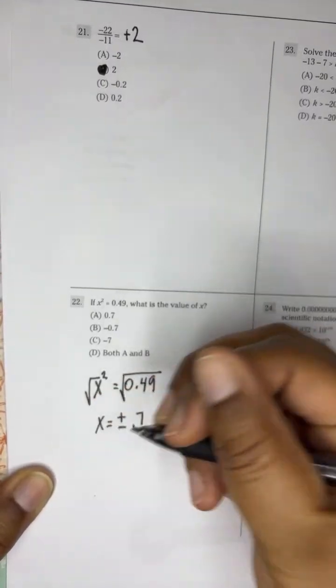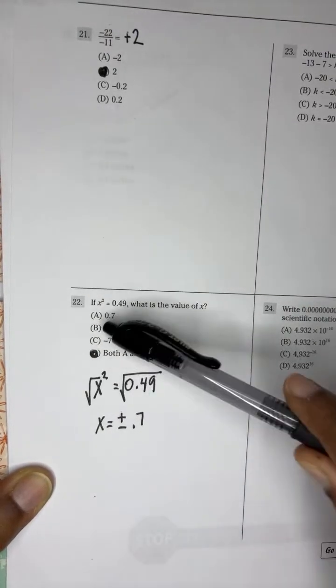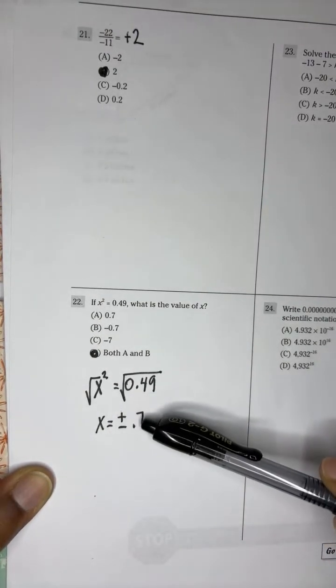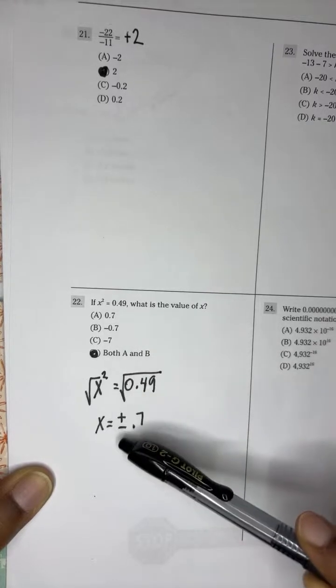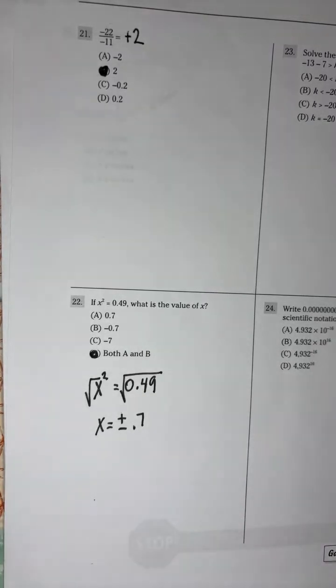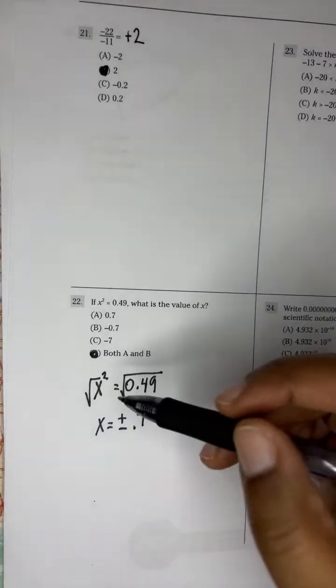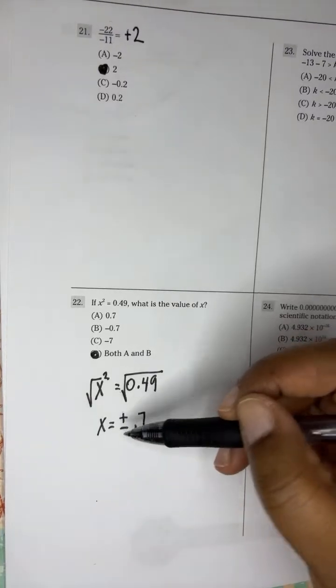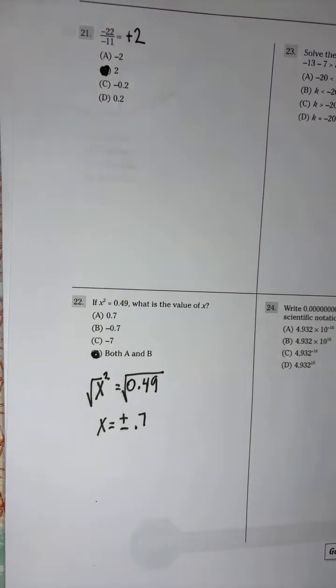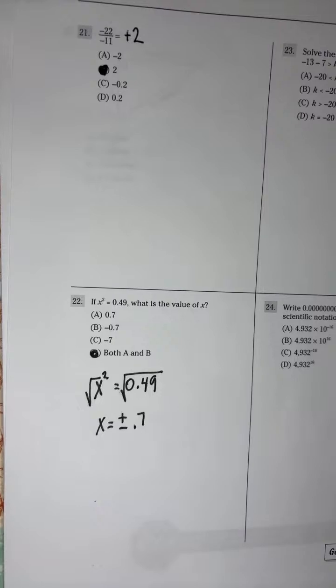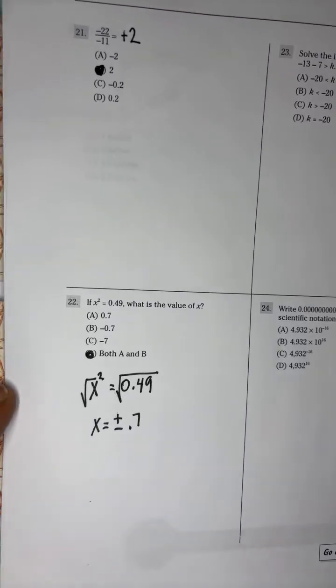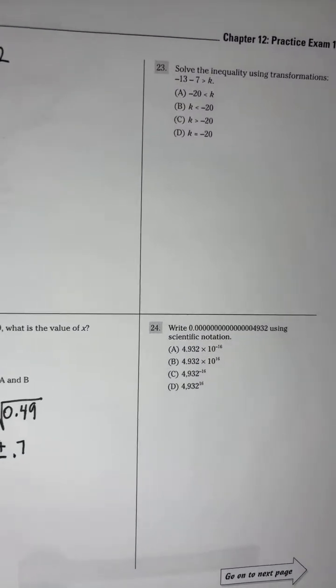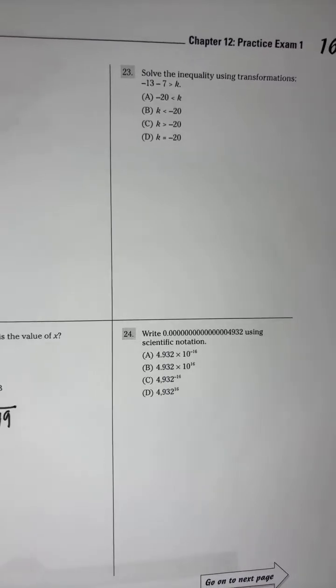And that's why they say both A and B, because one is a positive 0.7 and the other has to be a negative 0.7. Any questions on that one? So whenever you do this square root, remember, you got to put that plus and minus. All right, good. Okay, let's keep on going.